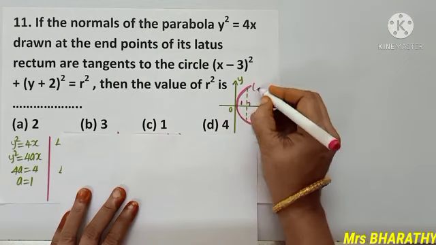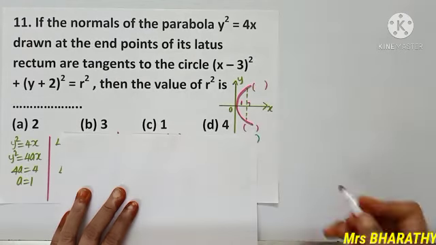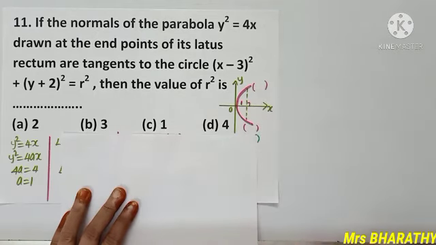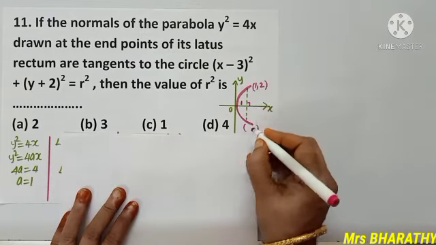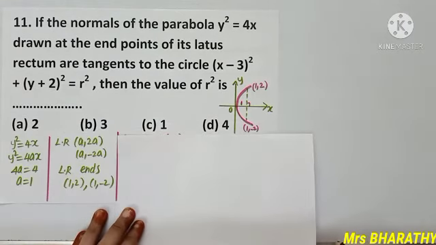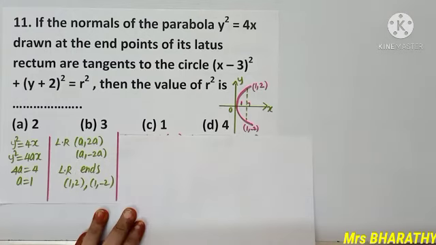And this I will call ends of the latus rectum. One is a comma 2a, another one is a comma minus 2a. A is 1, so I get 1 comma 2, 1 comma minus 2. So we get ends of the latus rectum a comma 2a, a comma minus 2a.